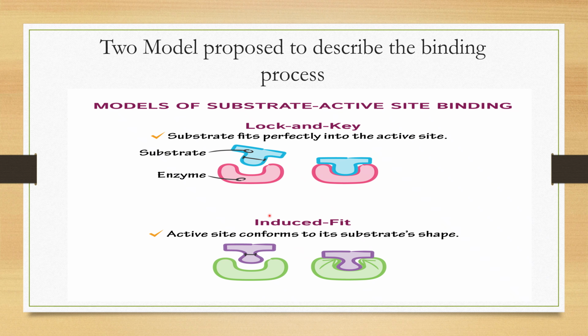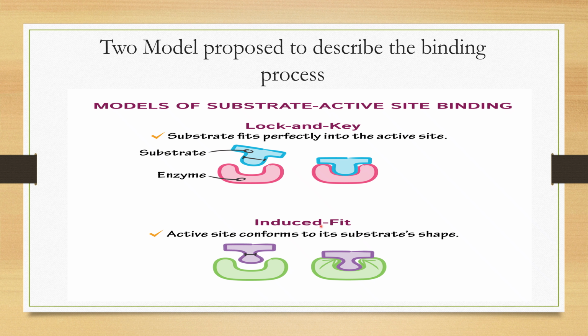Now, the second model is the induced fit model, which states that the enzyme is a protein, so it can undergo some conformational changes. That is, when your substrate binds to your enzyme, the enzyme undergoes some conformational changes to fit your substrate properly, so that it forms an enzyme substrate complex.